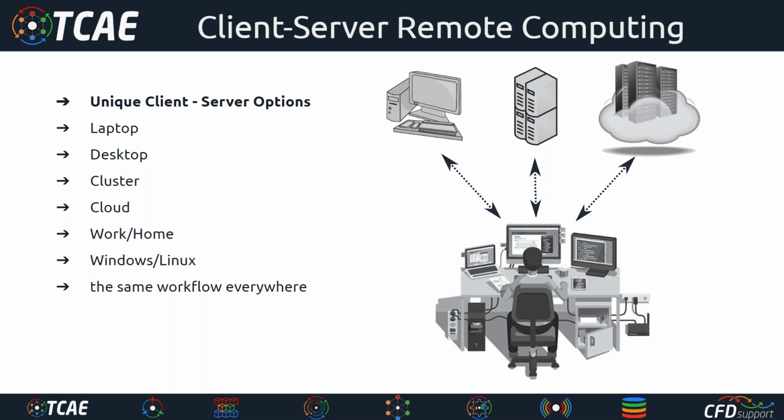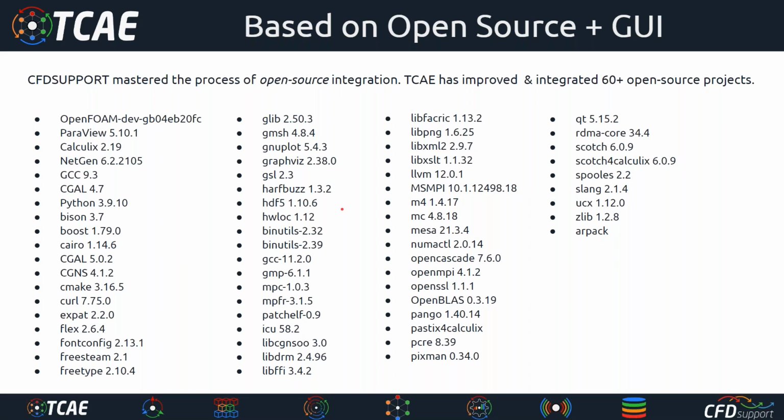TCAE has been developed in a client-server mode. It means you can stay on the client side on the computer you are sitting at, and compute remotely on a remote resource. It's really useful, and together with that, the licenses are unlimited, because there are no limitations on them. So it's very powerful in these terms.